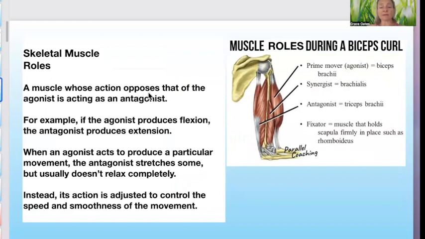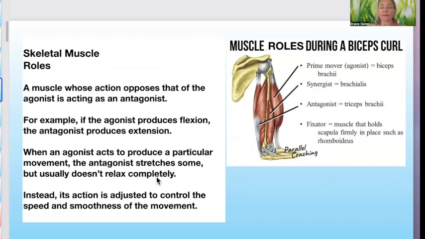A muscle whose action opposes that of the agonist is acting as an antagonist. For example, if the agonist produces flexion, the antagonist produces extension. When an agonist acts to produce a particular movement, the antagonist has to stretch in a lot of movements, but it does not relax completely.